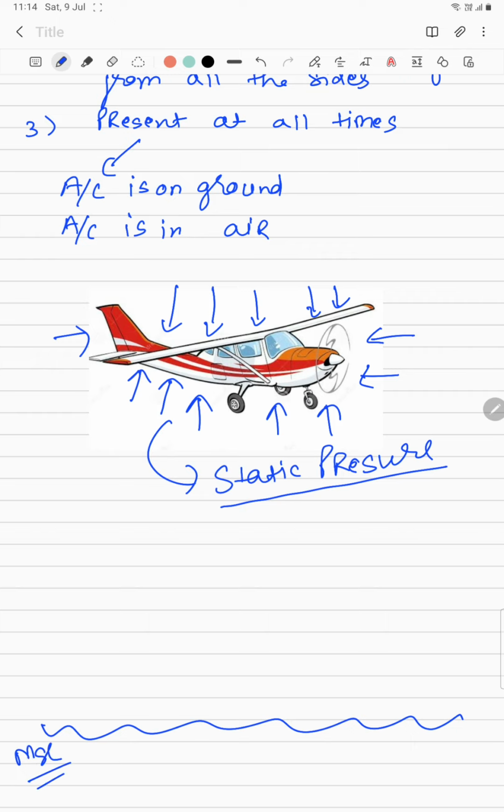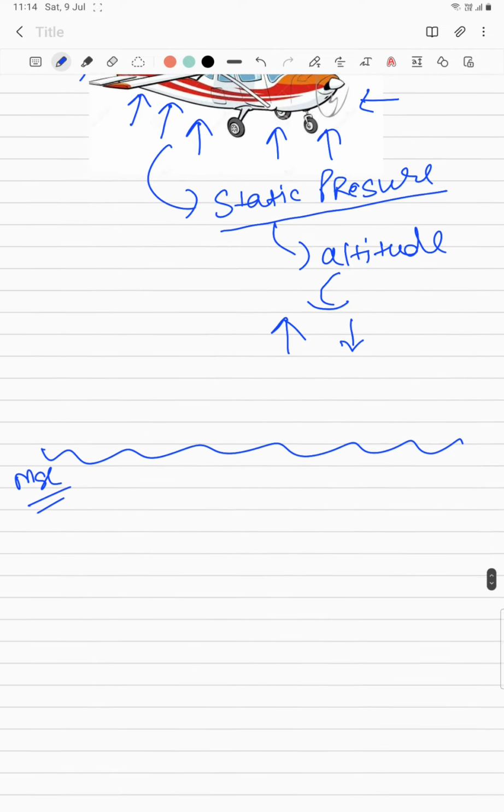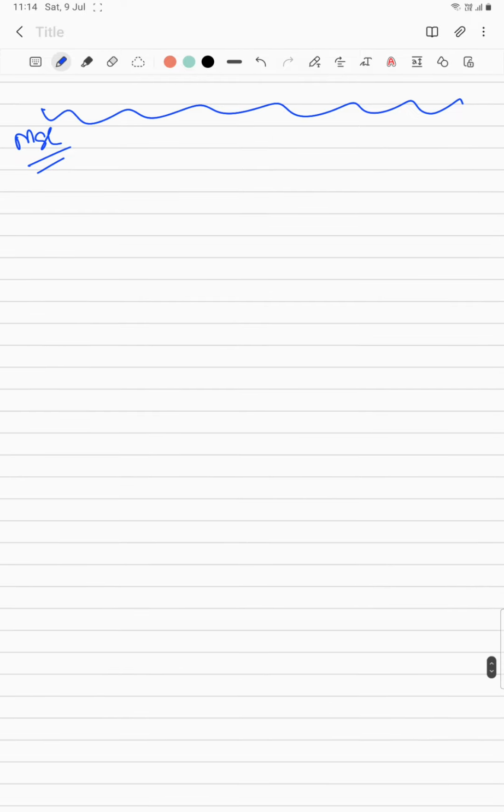Static pressure actually depends upon your altitude. The higher you go up in altitude, the static pressure, or you can say the atmospheric pressure, reduces.